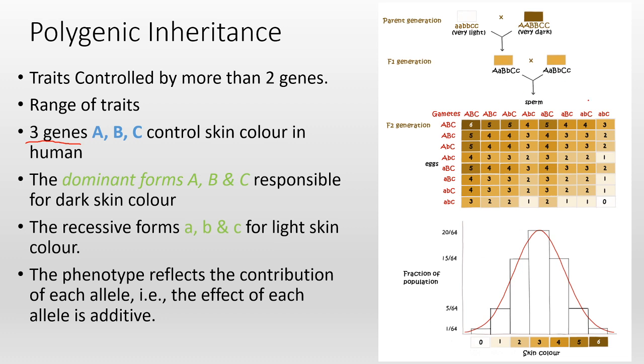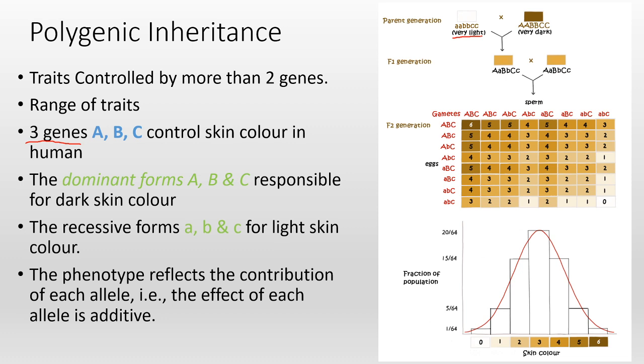So the nature of the skin pigmentation depends on the number of dominant alleles and the number of recessive alleles. When you have a completely recessive condition, that is A, B, C, all three genes in complete recessive condition, we get the very light skin color. The skin pigmentation is almost nil.